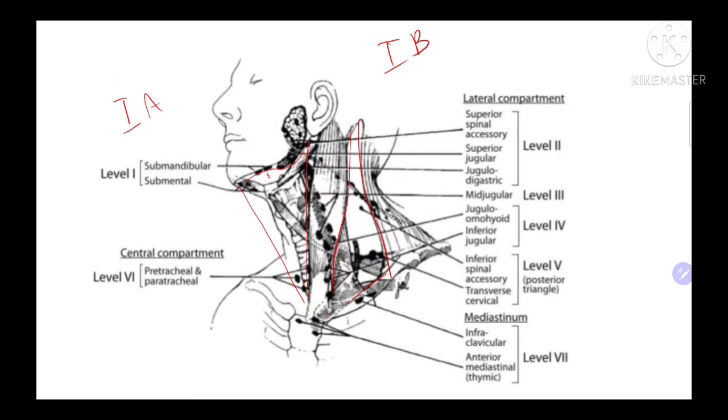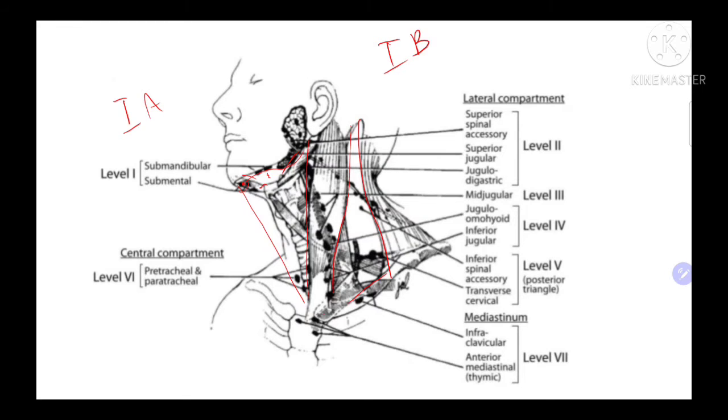Level 1A, or submental nodes, are anteromedial, between the anterior bellies of both digastric muscles. And 1B, or submandibular nodes, are posterolateral to the anterior belly of the digastric. So submental and submandibular.